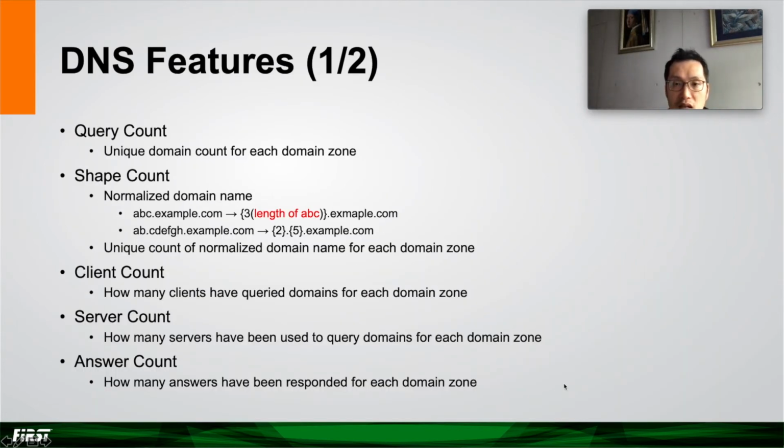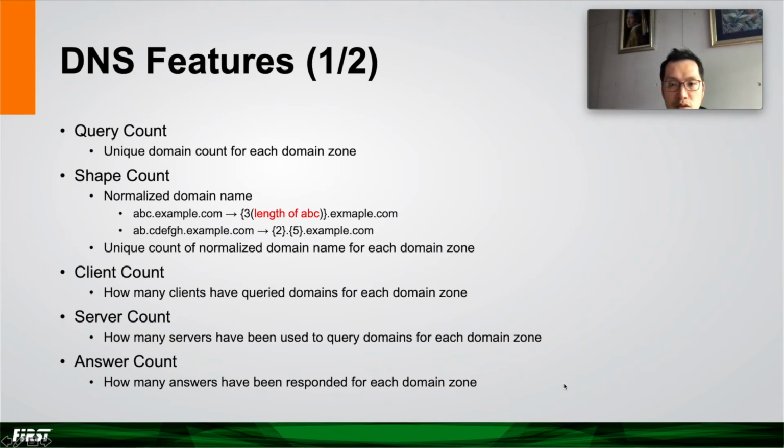Based on the observation of the DNS behavior of these tools, we expected to extract these features as below. The first is the query count. Query count means the total number of the DNS queries. Second, the shape count. In the shape count, we calculate the length of each label in the domain name as its shape.